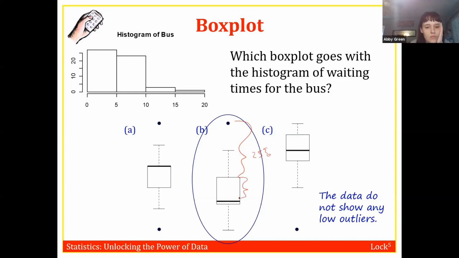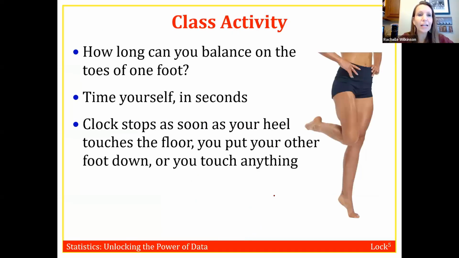And then there's another 25% in this section of the box. And in this little bitty section, there's another 25%. That means there was a whole bunch of people that had really similar values. And then this bottom part also has 25%. Okay, thank you.